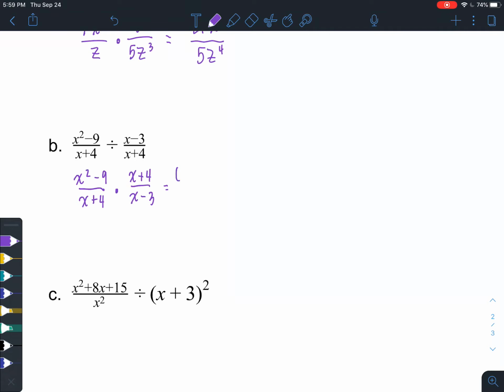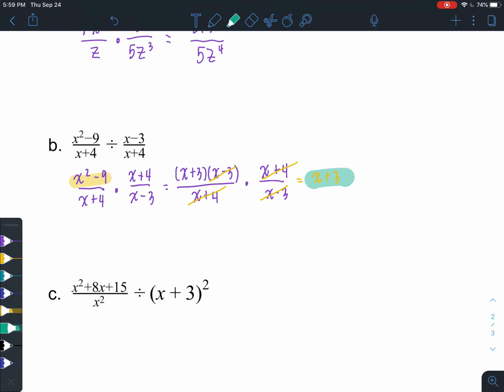Again, we have the difference of squares, so it's going to be (x plus 3) times (x minus 3) for this part right here over (x plus 4), times (x plus 4) over (x minus 3). Let's cancel some stuff out. Boop, boop, boop, boop. And I am left with just x plus 3 as my answer. Sorry, I keep highlighting it and then I decide it's too bright.